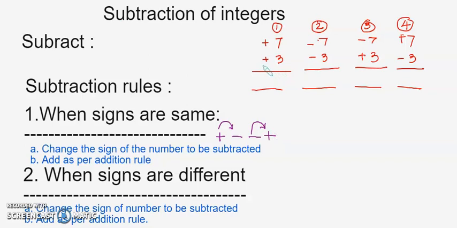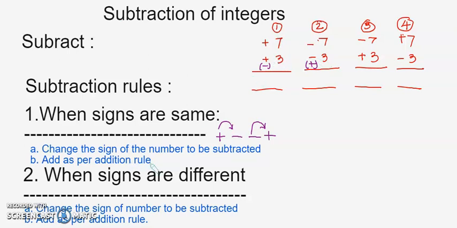So I will change the sign. It is positive, so I will write negative here. I will write positive here. Now, this sign will be considered only for 3. Negative sign will be considered in the first case, and positive sign will be considered in the second case.